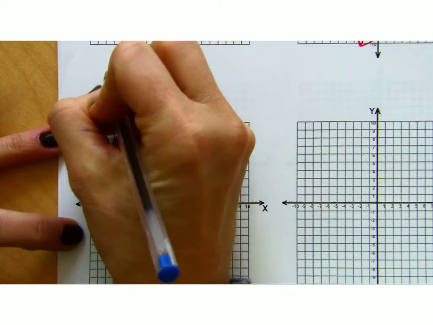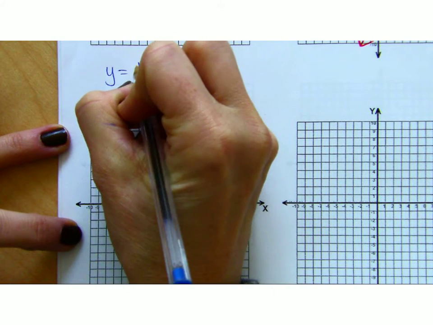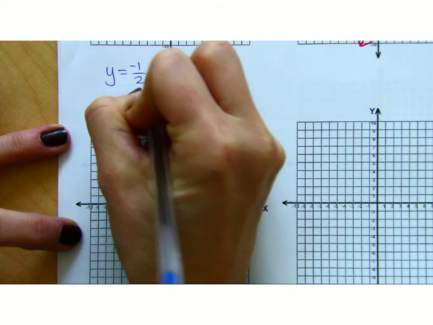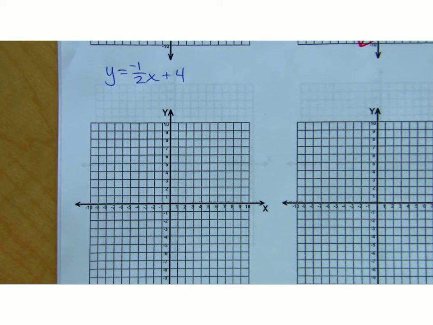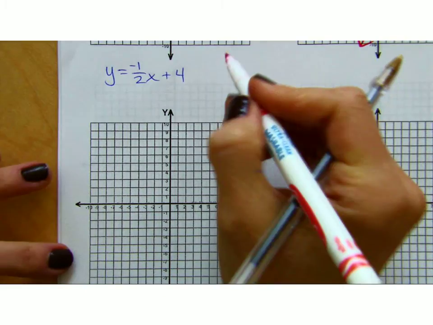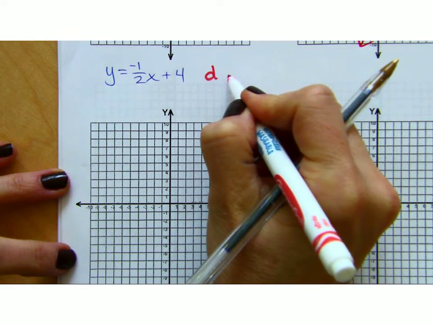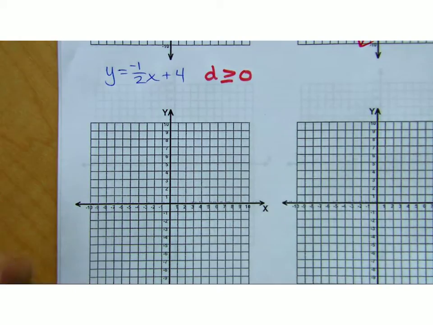If I asked you to graph y equals negative 1/2 x plus 4 with a domain restriction of this, we got to think about what that means. That means, well, they're not coming out and saying x can only be 1, 2, 3.